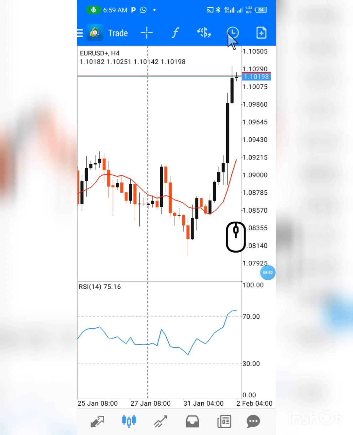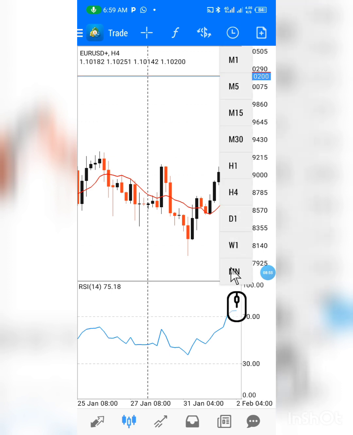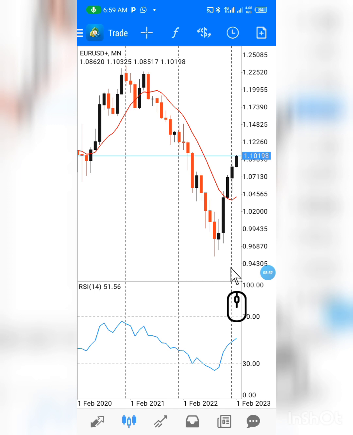Now if I take it to MN, it means each of these candles is forming in a month. So this candle formed in January. This is that of February. It is going to close at the end of February. So each of these candles formed in a month.